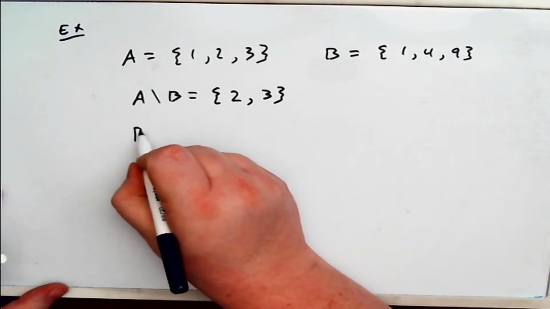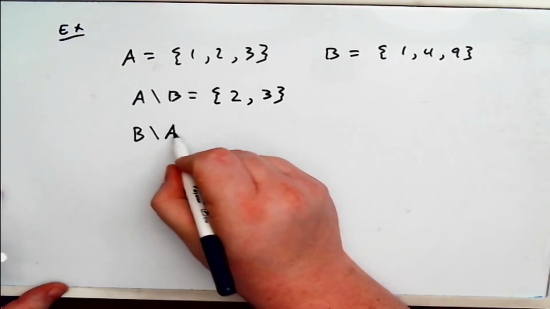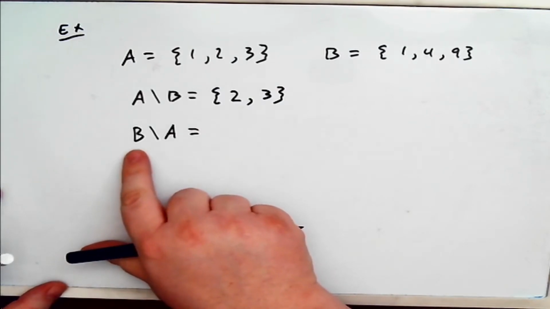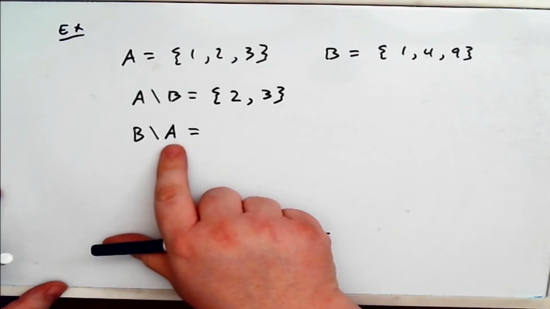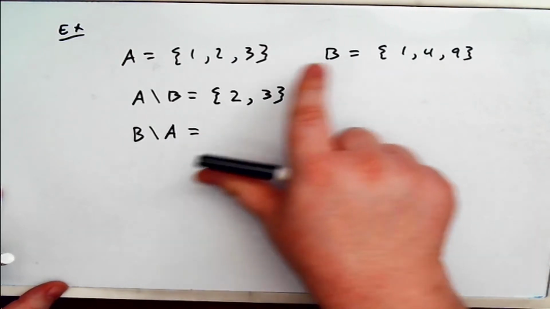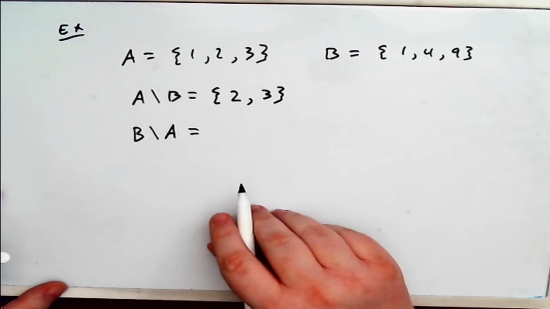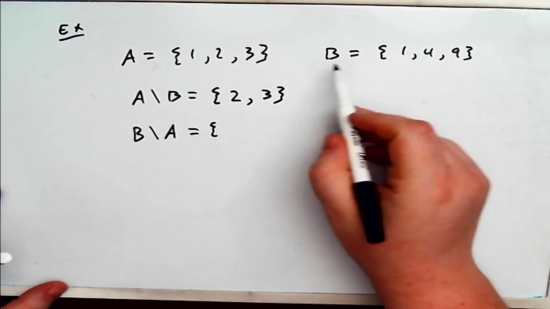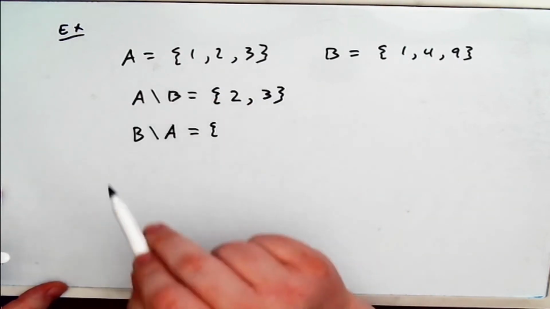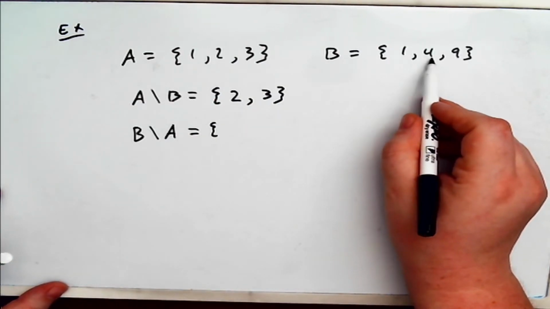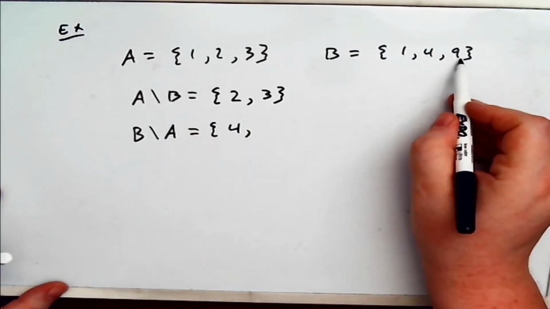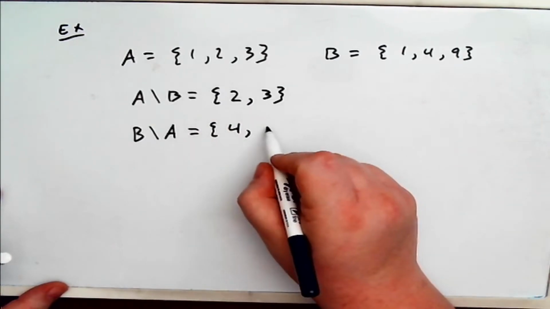Now I can think of the other direction. B subtract A. This time I start with the set B and I remove the elements that are in common with A. So I want all the elements in B, but remove the elements that it shares with A. Okay, so I go to my set B. I start with 1. 1 is in A, so I don't write 1. 4 is not in A, so I would write the 4. 9 is not in A, so I write the 9.